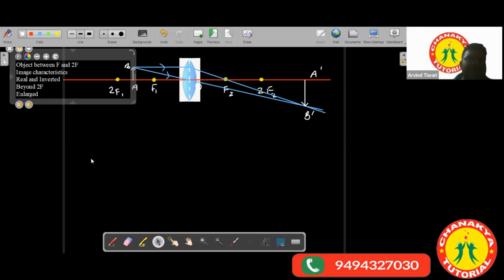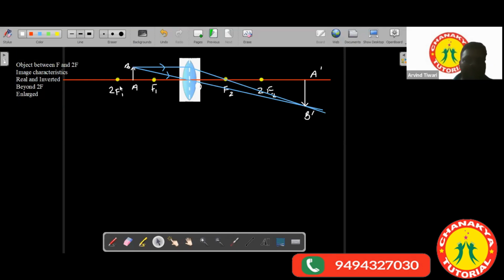In these 3 cases, we have seen when the object is placed beyond 2F, when the object is placed at 2F, and when the object is placed between F and 2F. The next diagram, I'll leave you, just draw it: keep the object at F and see where the image will be formed.